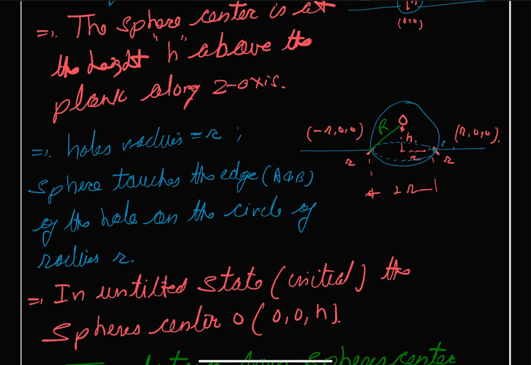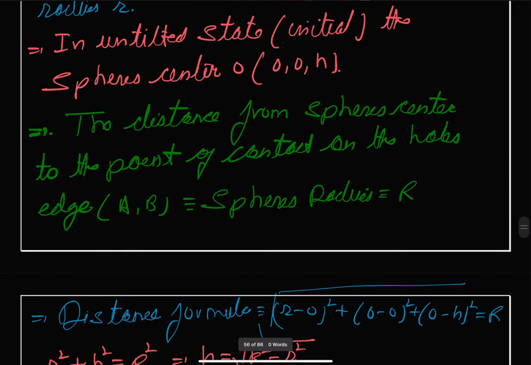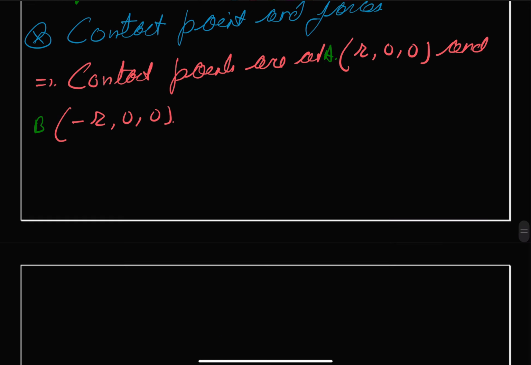Let me call this A and this is our B, and here also. This is A and this is B.